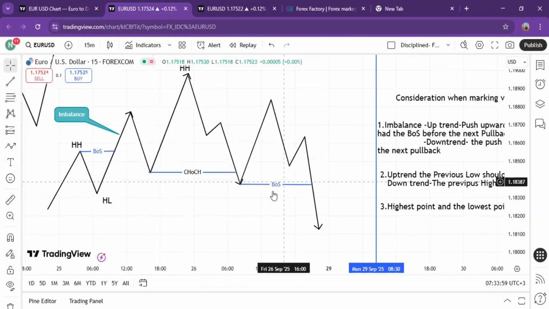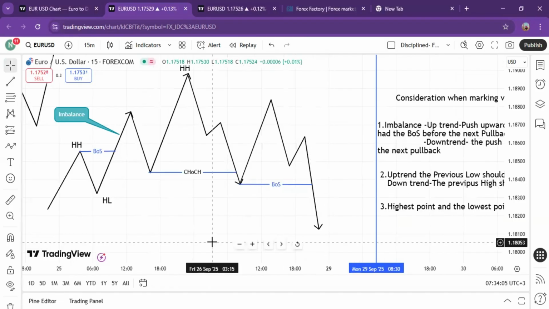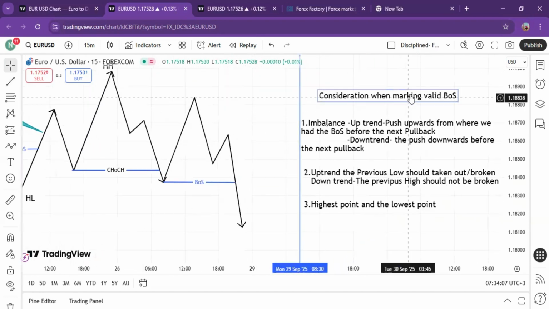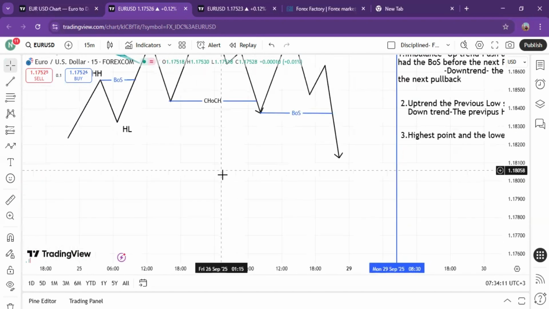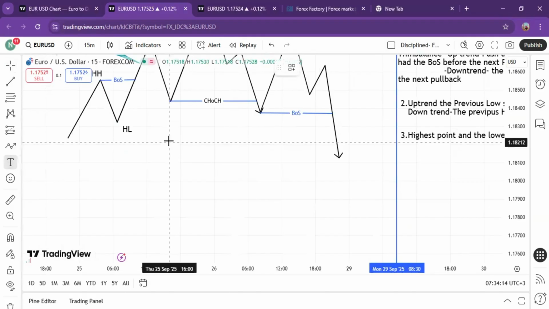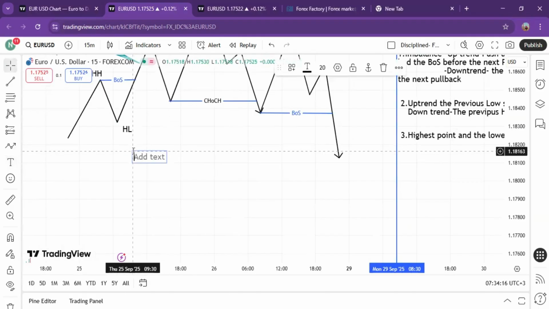So a change of character and a break of structure signify a change in market direction. Now, we have the considerations when marking valid break of structures. We also have considerations when marking a valid change of character.